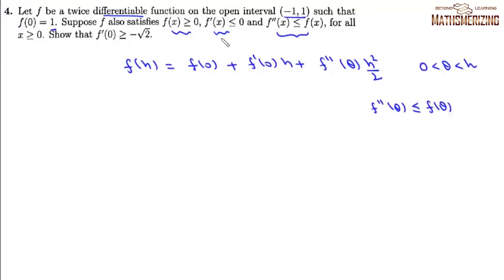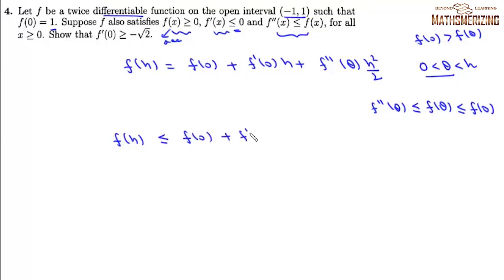Now since f dash x is less than or equal to 0, it simply means f x is a decreasing function, and if f x is decreasing, then f 0 will be greater than f theta. So f theta will be less than or equal to f 0. f h will be less than or equal to f 0 plus f dash 0 h plus f 0 h square by 2.